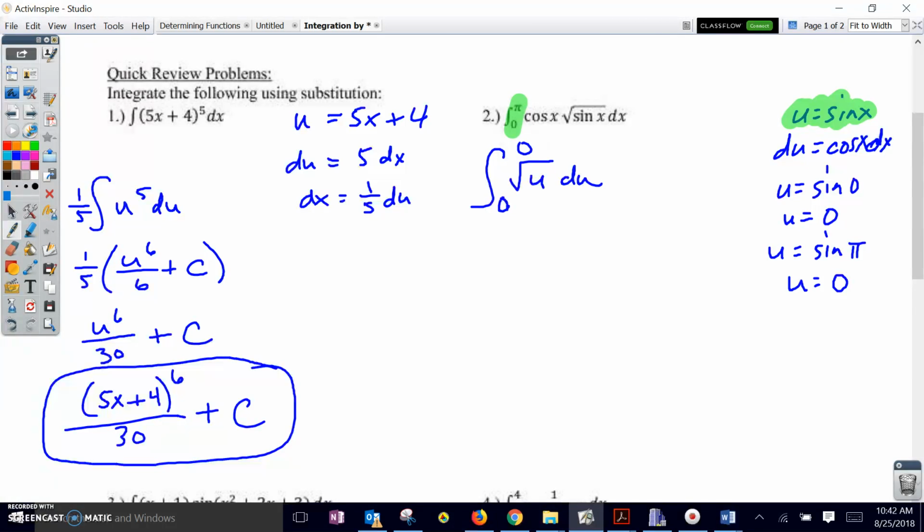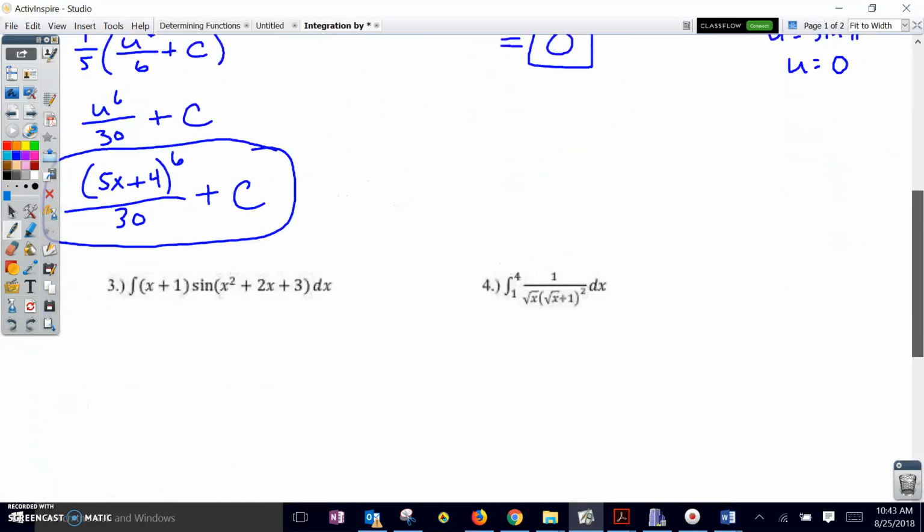So wow, in order to evaluate this definite integral, I don't even need to take the antiderivative here. This is the integral from 0 to 0 of something, and so the value of this is just going to be 0. That's another one of the benefits of changing the limits of integration over to be in terms of u, is sometimes it works out nicely like that, and we don't even have to bother taking the antiderivative.